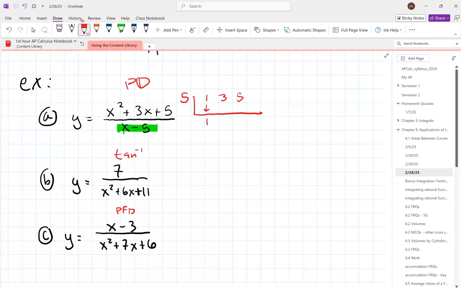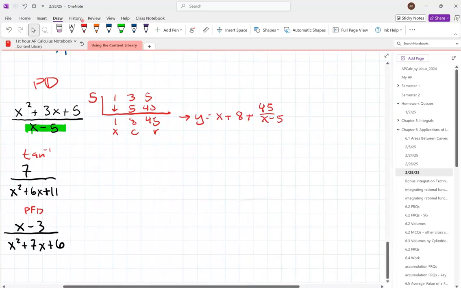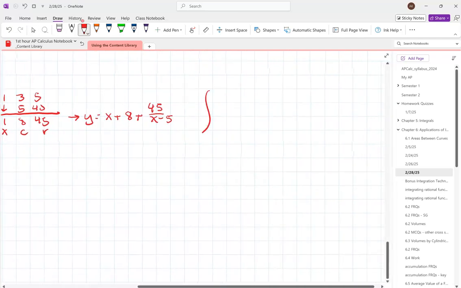I bring that first number down, and then I multiply and then add. So we can say that what we get here is x plus 8 plus 45 over x minus 5. So far, so good. So that's what we'll integrate.